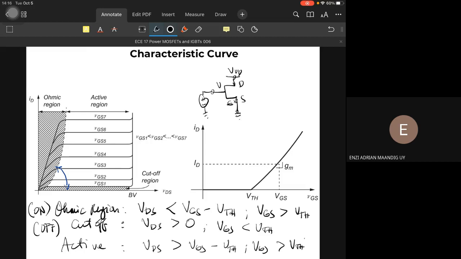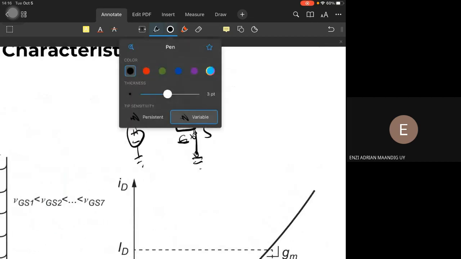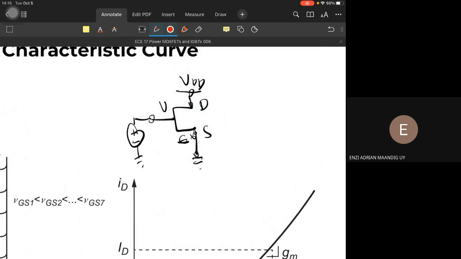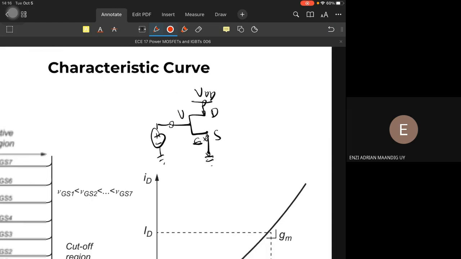Wala na ta nag-deal with mathematical equations, subay lang og mga ones and zeros. Kung 1 pod si VDS, ayun na bitaw. So, nisaka ta sa abstraction sa atong pag-learn sa CMOS before.